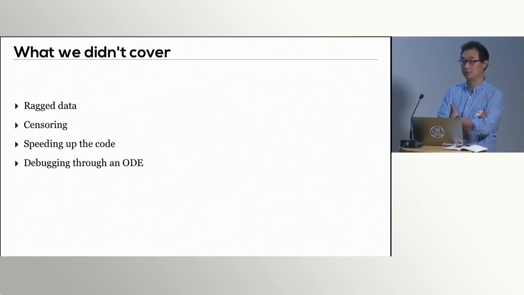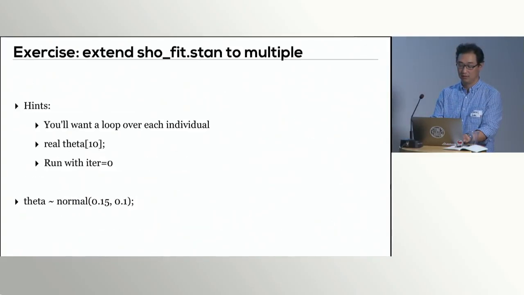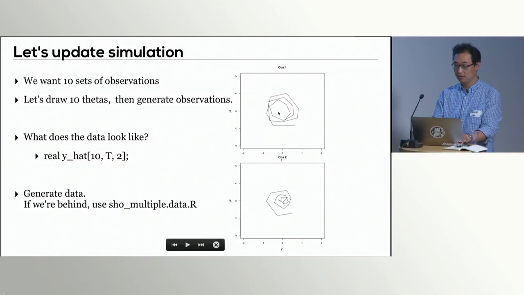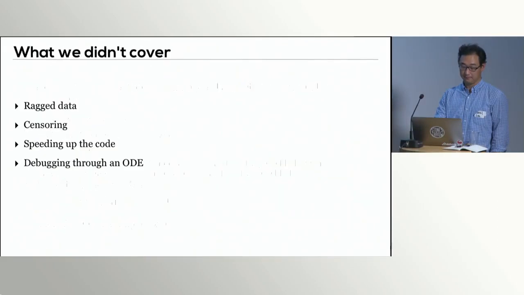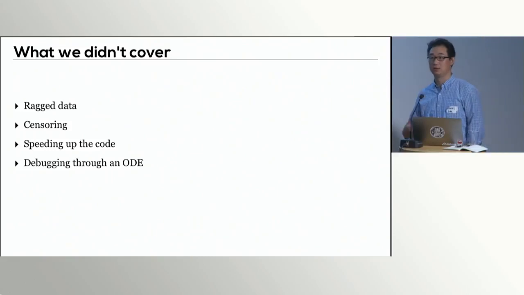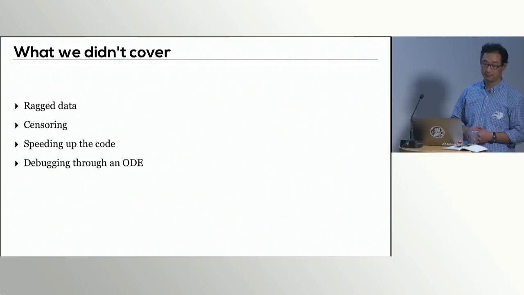For example, if you knew that there are data points in this quadrant, but you don't know where inside the quadrant it is, that's not a big deal. You can just write a model to do censoring. So that has no effect on how you write your ODE. It's just how you write your likelihood term.